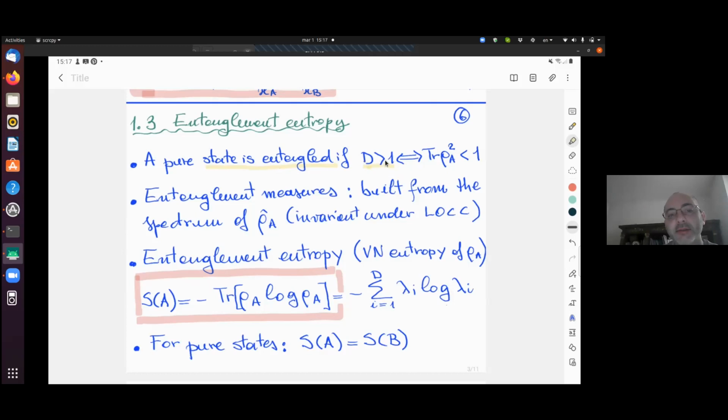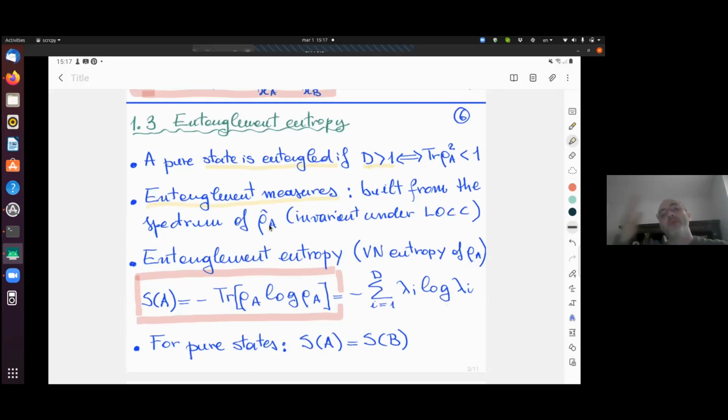Okay, and then we said that the state is entangled if D is larger than 1, and how can we measure entanglement? Then I will come to the main point in the next slide. Well, there are many ways, but the one which is very popular, and the reason probably has to do with the fact that it can be calculated in many different ways, there are several techniques to assess this object, is the von Neumann entropy of the reduced density matrix.